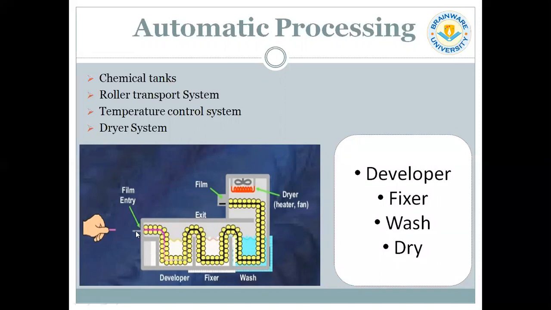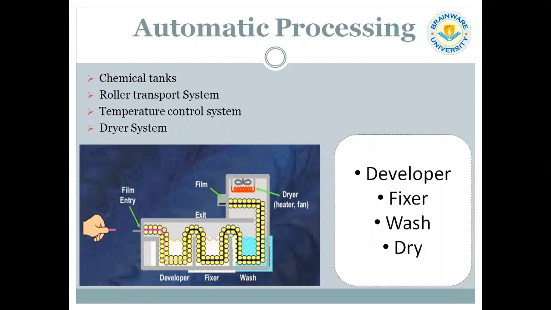On this side, you have to insert the exposed film, and the film will be transported to the various tanks through the roller system, and it will exit from this side.